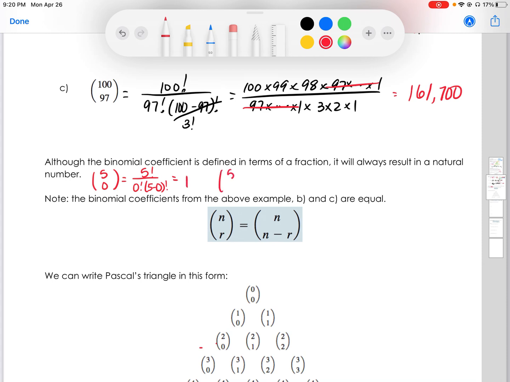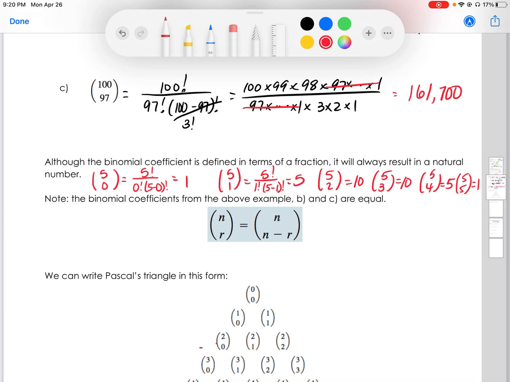If I do 5 choose 1, that'll give us 5 factorial over 1 factorial times 5 minus 1 factorial. That'll give us, let's see, 5. And if we keep doing this, 5 choose 2 is going to give us 10. 5 choose 3 is also going to give us 10. 5 choose 4 is going to give us 5, and 5 choose 5 is going to give us 1.